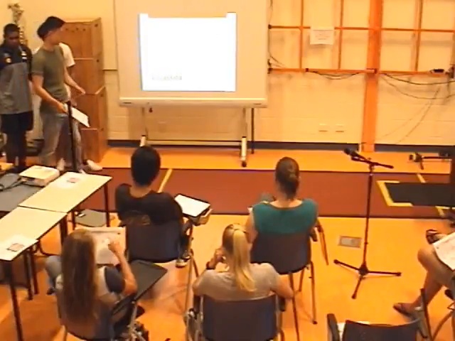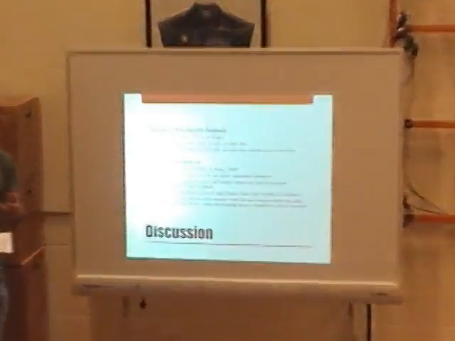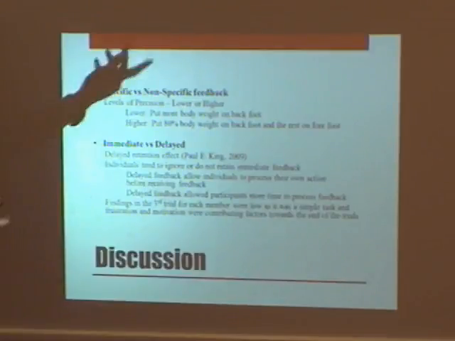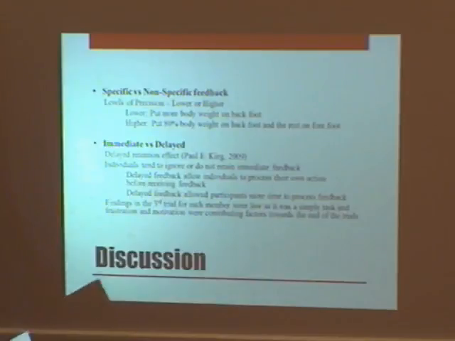So to understand why group C would be the most ideal feedback, we have to talk about specific versus non-specific and immediate versus delayed. So there's a level of precision of feedback that you can give. One of the examples that I use is because I used to do karate, and we call this the back dance. So when most beginners do it, they don't put as much weight on their back foot, and they're usually evenly distributed.